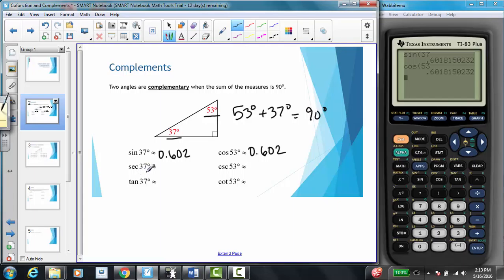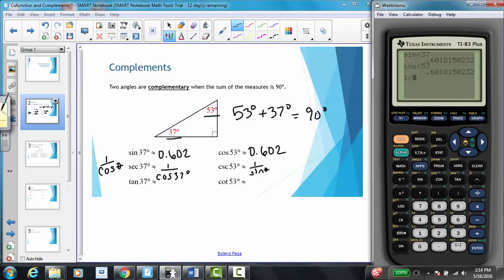Here we have secant of 37 degrees, and we remember that secant is 1 over cosine theta, and cosecant is 1 over sine of theta. So now I can put this in my calculator as 1 divided by the cosine of 37 degrees.